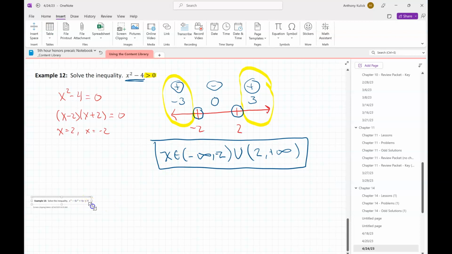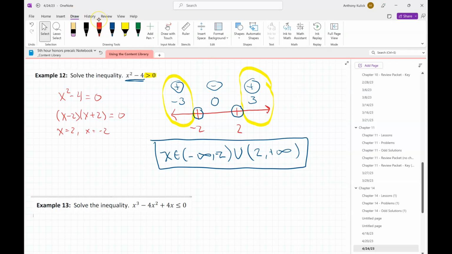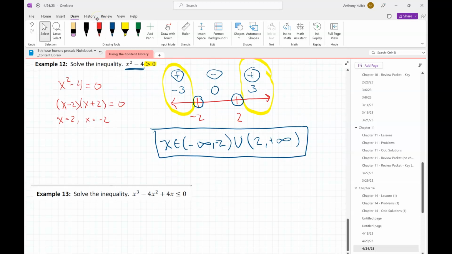Okay, let's do another example. So here's another polynomial, but this time it's a little bit more complicated because it's a degree 3. My process, though, is not going to change. Just like I did before, I'm going to start by setting it equal to 0.